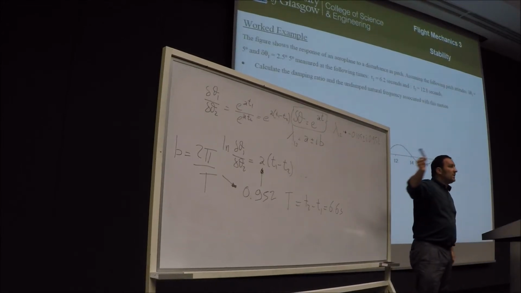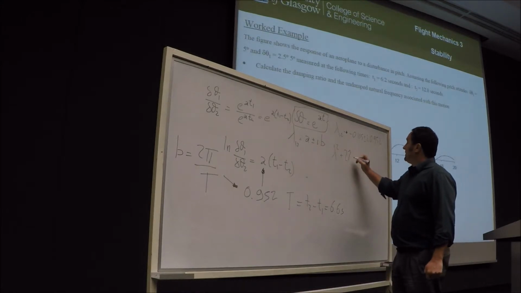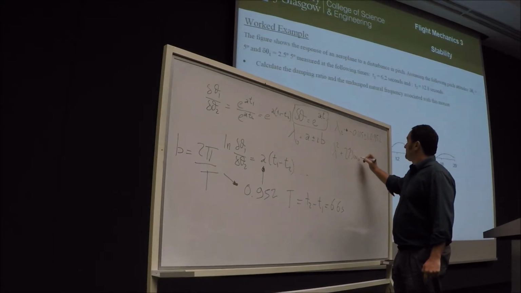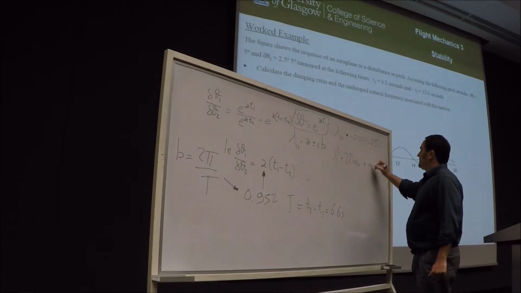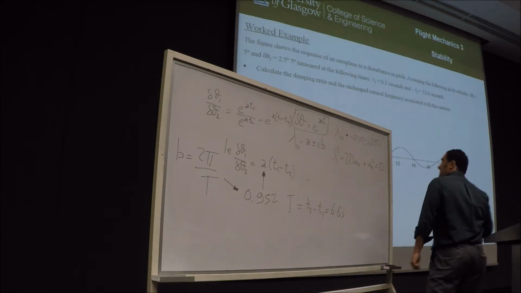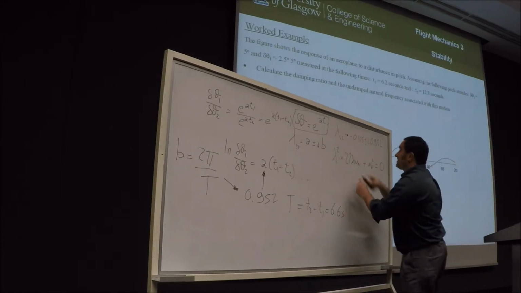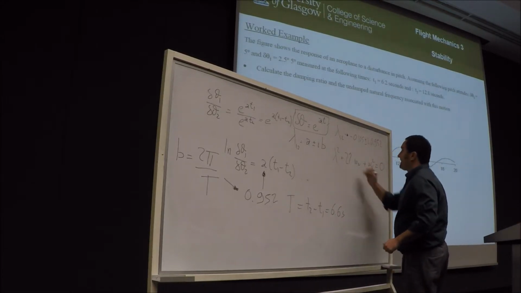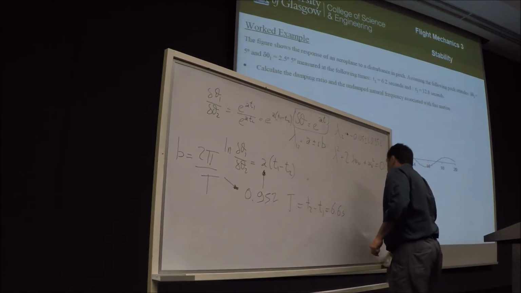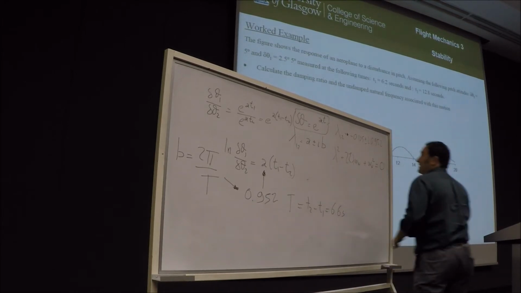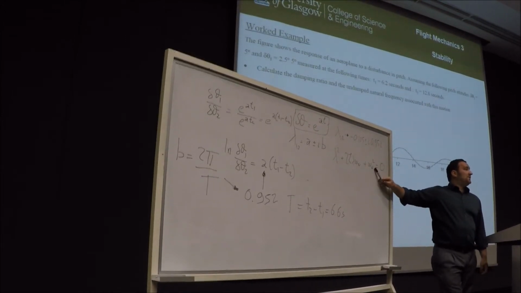Lambda is the solution of the characteristic equation here, where omega n is the natural frequency of the oscillation.